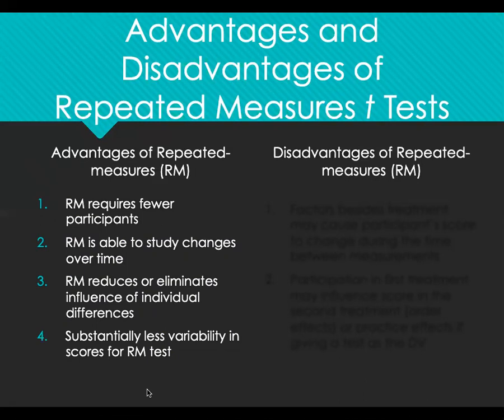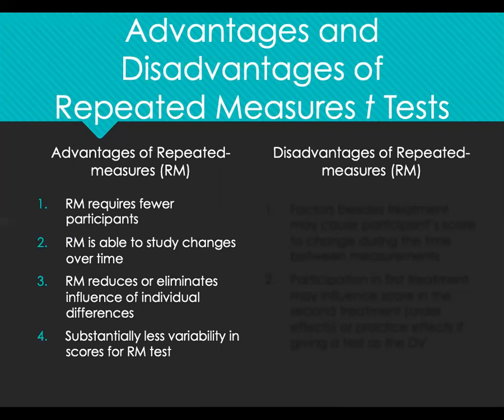You're able to study changes over time. Remember, repeated measures is perfect for looking at whether a particular therapy is working or a treatment is working, or something, again, changes over time. Repeated measures also reduces or eliminates the influence of individual differences.